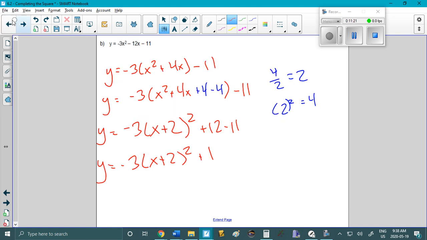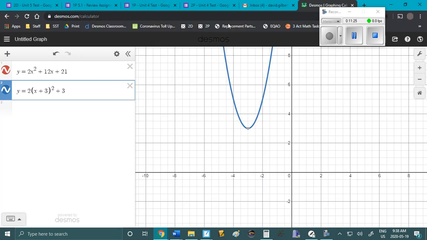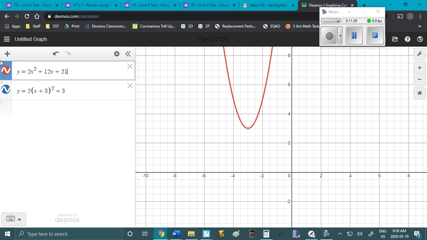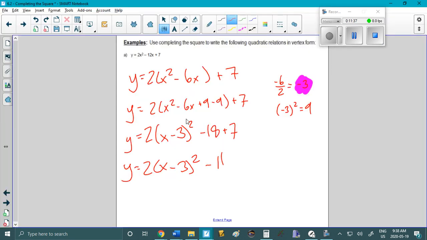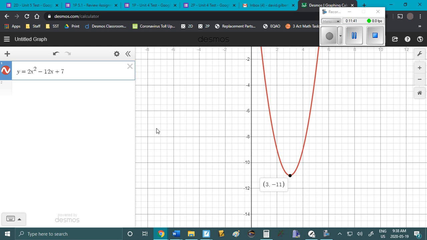All right, now I'm going to go back and check each one just because I sort of rushed through that, because I don't want to keep you too long here. All right, so this one is 2x squared minus 12x plus 7, and the vertex of that should be 3, negative 11. Okay, that one checks out.